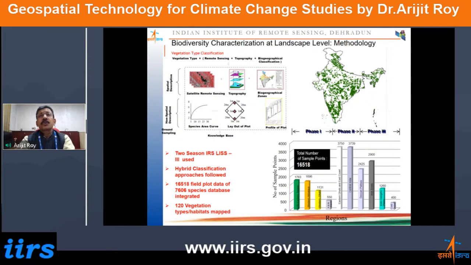So we are using space-based technology. We have derived a method to characterize the biodiversity at a landscape level. Here we have used the satellite data to provide the vegetation map, using the top-down and bottom-up approach. We have also had field plot data of more than 16,500 field plots, which has helped us to characterize the biological richness distribution across the landscape.